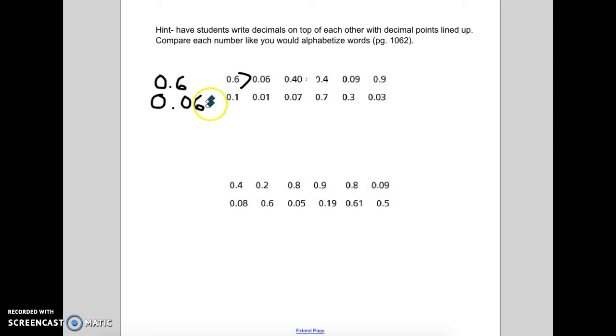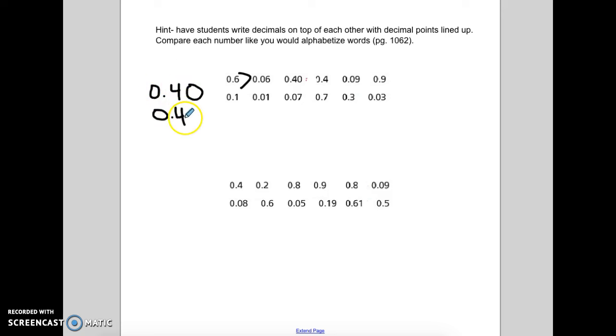Let's look at the next one. We'll look at 4 hundredths, so we have 0.40, and we have 4 tenths. Okay, now I look at this and I start with my zeros and I say, oh, zeros are the same.